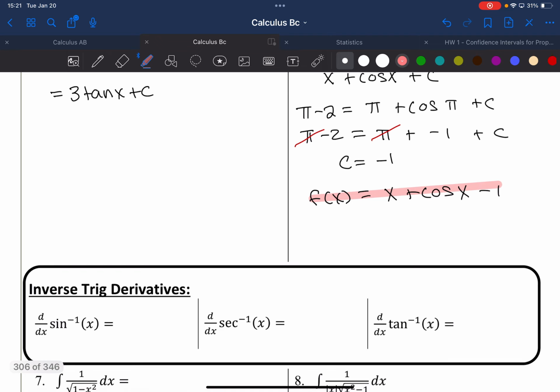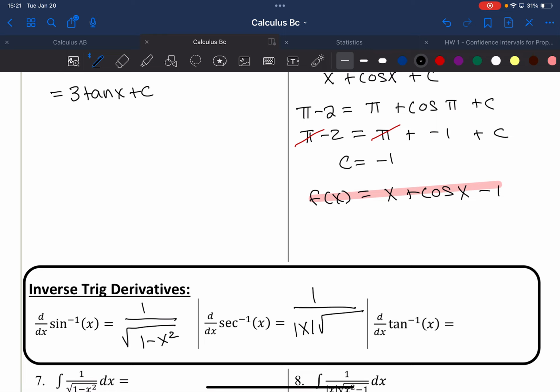Then I have the inverse trig derivatives. Notice here it's just the derivatives. These are part of our previous notes. If we can recall the inverse trig derivatives and we recognize these in our integrals, then we are able to use this as a shortcut to work backwards.